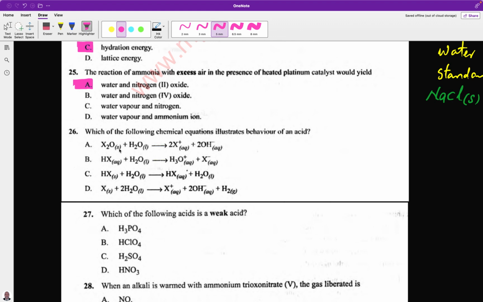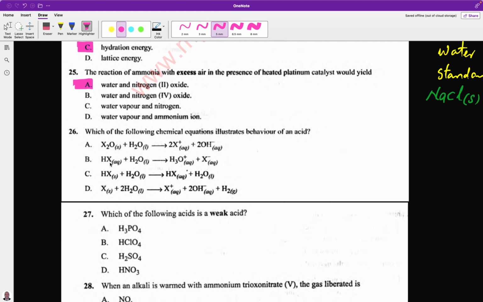Instead, X has lost this and everything is here. D does not behave as an acid. Which of the following chemical equations illustrates the behavior of an acid? No.